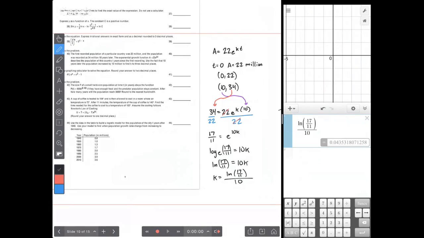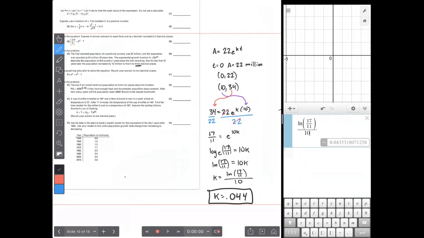And I find that k equals 0.044 if I want 3 decimal places. Cool. That was number 40. There we go.